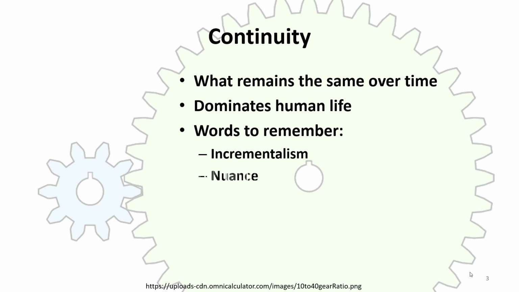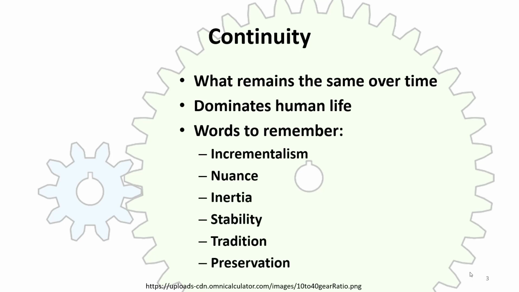So when you think about change, think also about continuity. Keeping what doesn't change in mind is easier when you incorporate some of these words into how you think about your research: incrementalism, nuance, inertia, stability, tradition, and preservation.